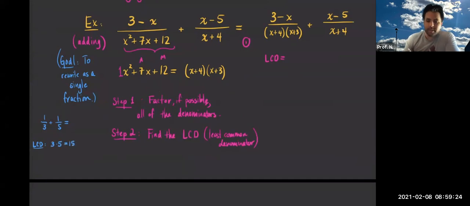So essentially what we're saying is, I want to make both of these the same. But in order to make both of these denominators the same, I need to include the factor that's missing. So 3 here is there, but 5 is not. So that's why we multiply by 5 on this fraction. And then this denominator has a 5, but not a 3, because I want to make them the same.